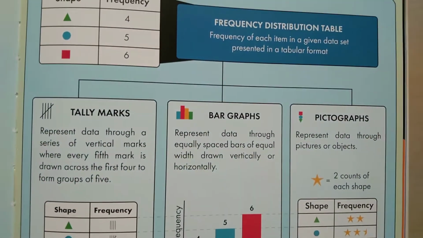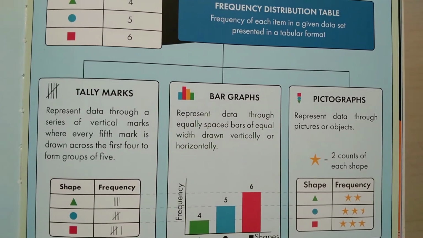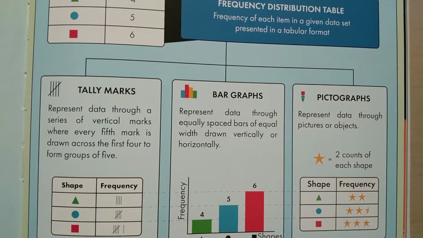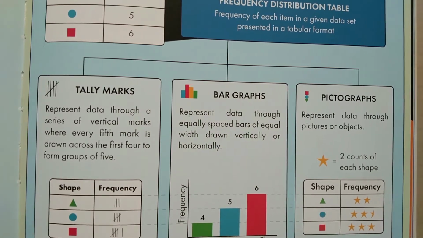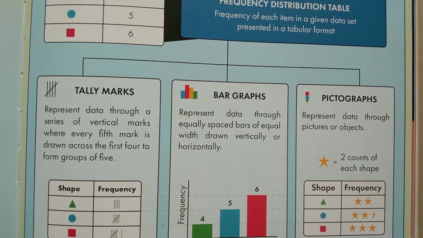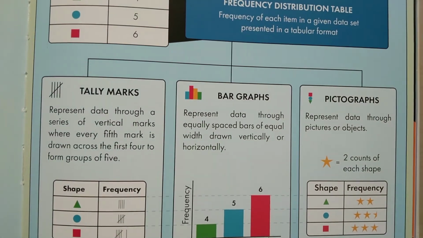And then tally marks represent data through a series of vertical marks, where every 5th mark is drawn across the first 4 to form groups of 5.